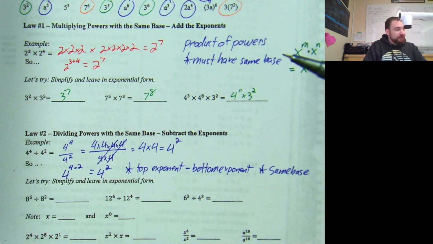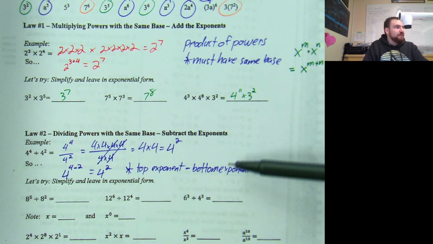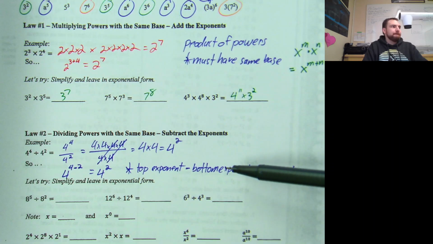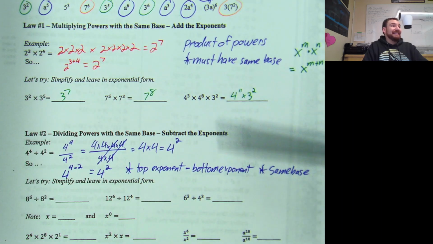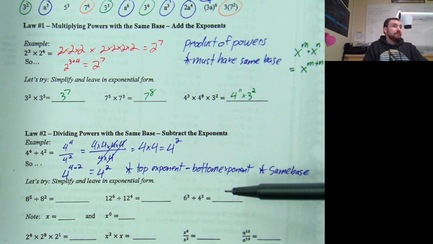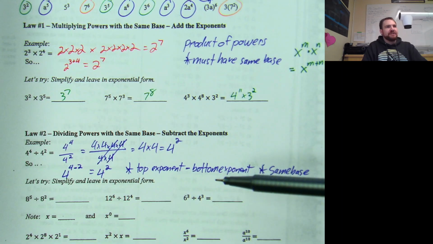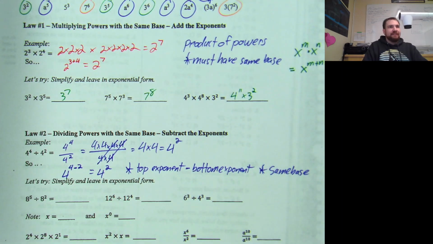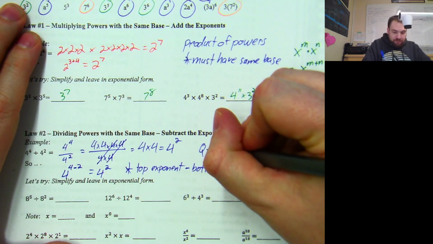The previous law was called a product of powers. Does anyone have a guess on what this one would be called? What do I call the answer that I get when I divide? It's a quotient. So this is going to be a quotient of powers.